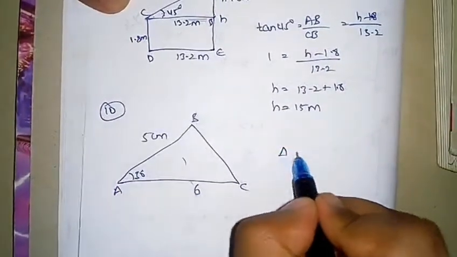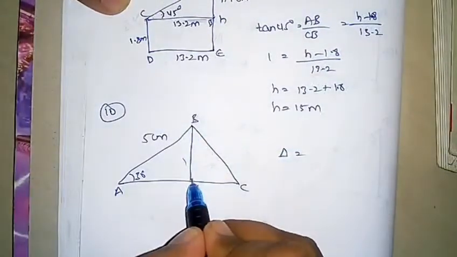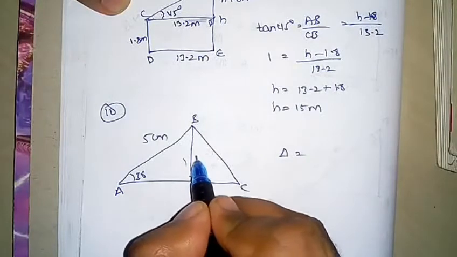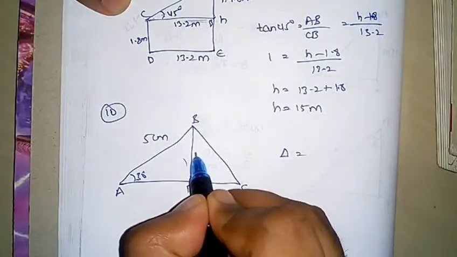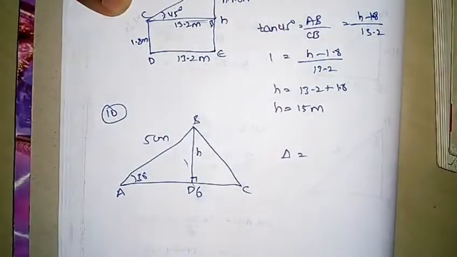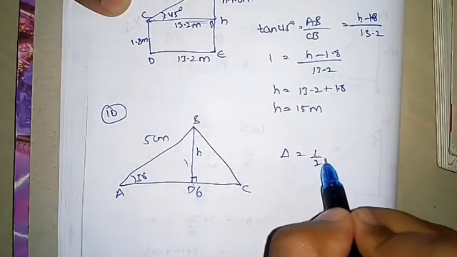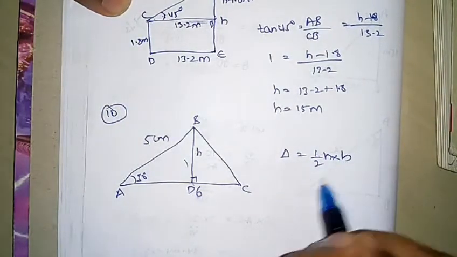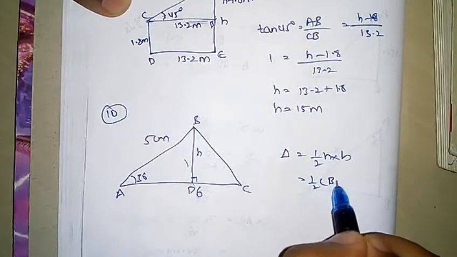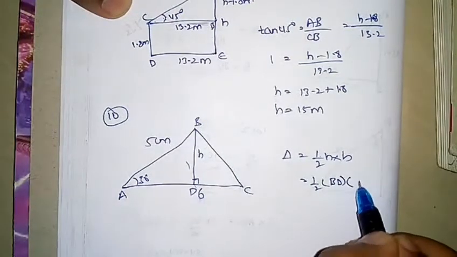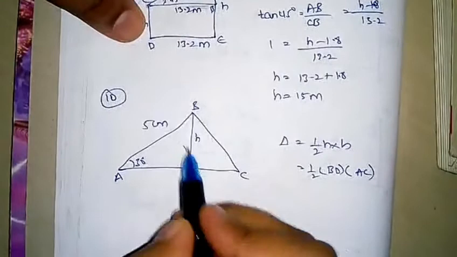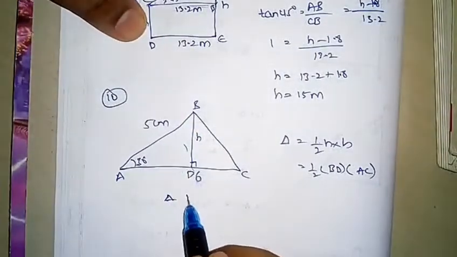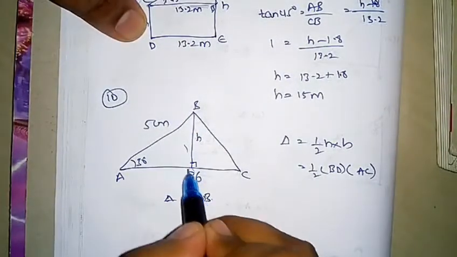You know that the area of the triangle will be, let the height be h. Draw an altitude from B to AC and let it meet at point D, and h be the height. So the area of the triangle will be half into h into base, which is equal to half into BD into length of AC.